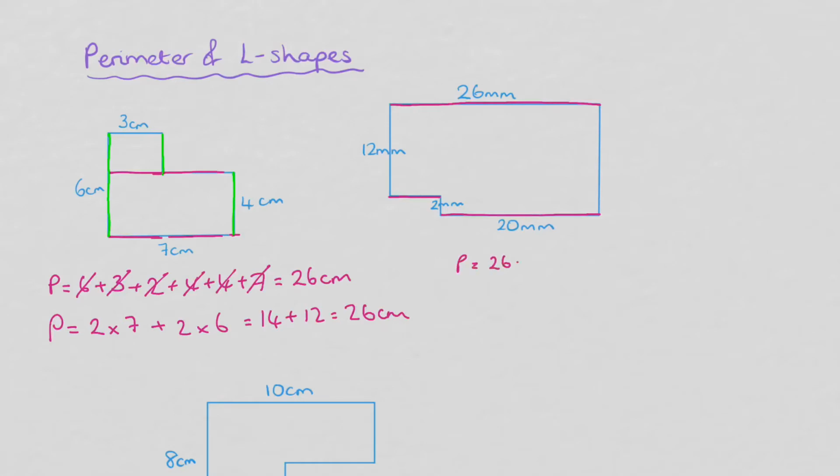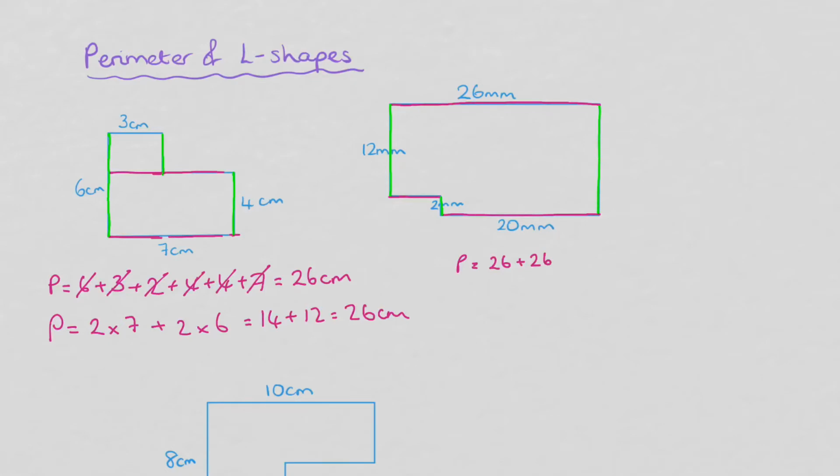So this time I'll just write it down as adding. 26 add 26. Okay, and then looking at the vertical lines, we can see that that one is 12 and that one is 2. Okay, so what about this one here?